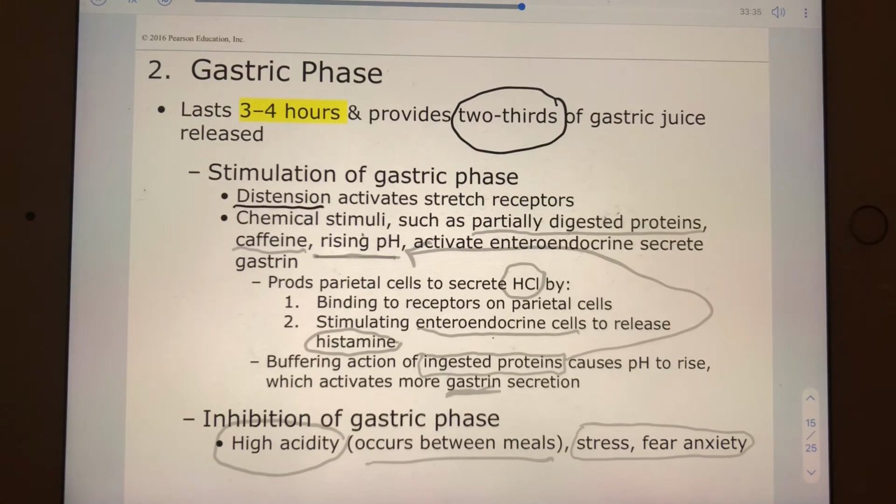So when stretch receptors in the stomach wall are stimulated by fullness, that sort of drives the gastric phase. Also, the presence of partially digested proteins will stimulate the gastric phase. The presence of caffeine will stimulate, everything ever.